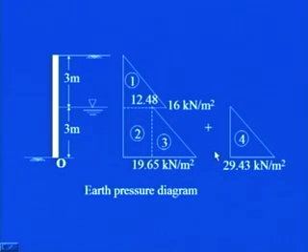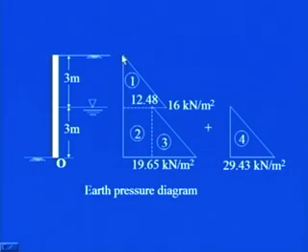Plus, we are forgetting one thing. See, this water which is present over here will cause hydrostatic pressure, and we have found out the magnitude of that, and that was 29.43 kilonewton per meter square. So you simply have to add this particular area to this lateral earth pressure diagram. Okay.